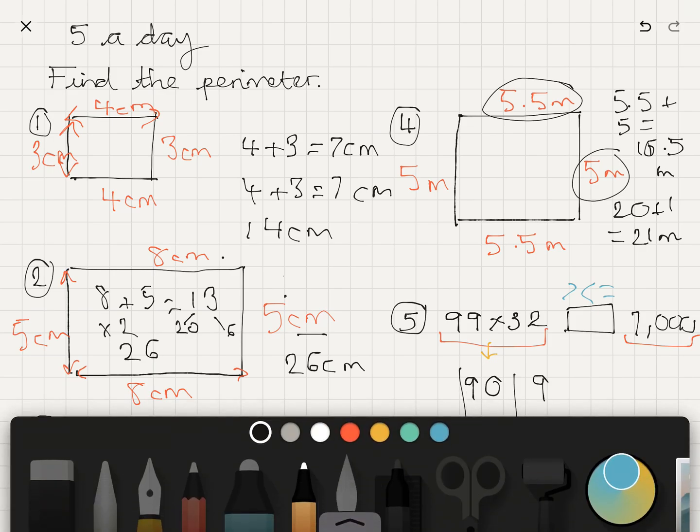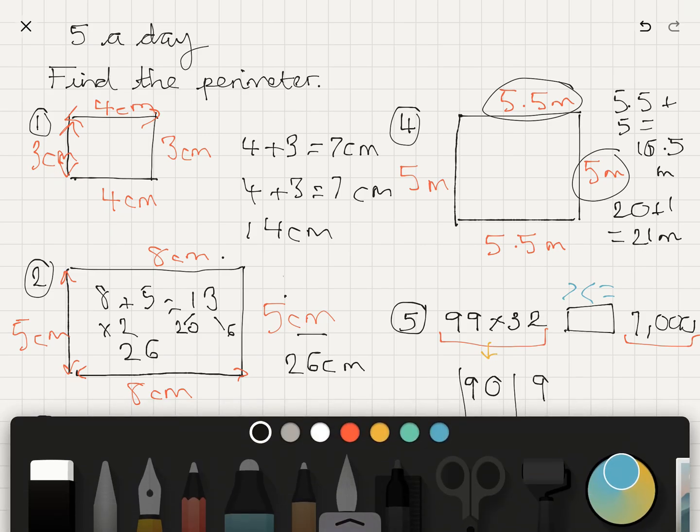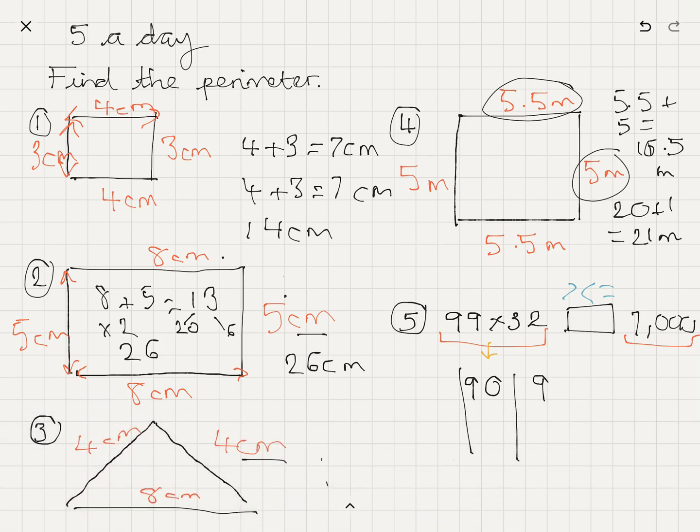Okay, I'm going to just rub out some stuff down here so we've got a bit more space. And we're going to times that by 30 and by 2. Okay, so 9 times 3, we know 1 times 9 is 9, 2 times 9 is 18, and 3 times 9 is 27.